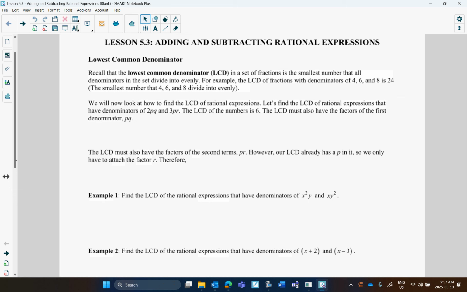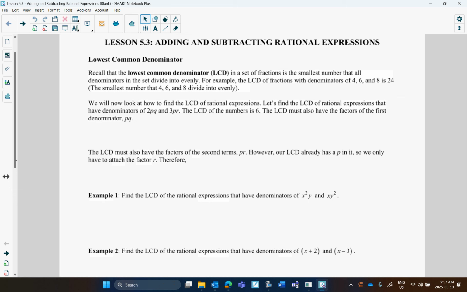If you've got exponents, okay? X squared y is one of your denominators, xy squared is another. What would be the lowest common denominator? Just x and y?